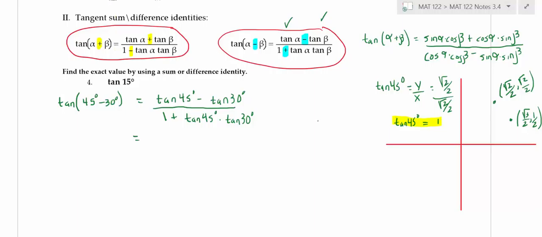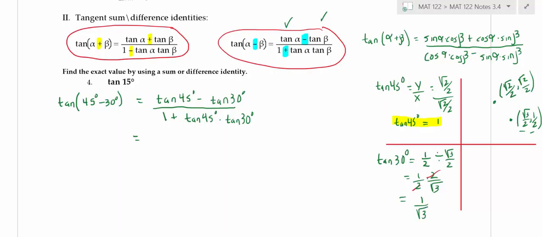Okay, then if we do the tangent of 30 degrees, again, that's y over x, so that's going to be 1/2 divided by square root of 3 over 2. So that's going to be 1/2 times 2 over square root of 3. Okay, the 2's are going to divide out to 1. So that's going to give us 1 over the square root of 3.